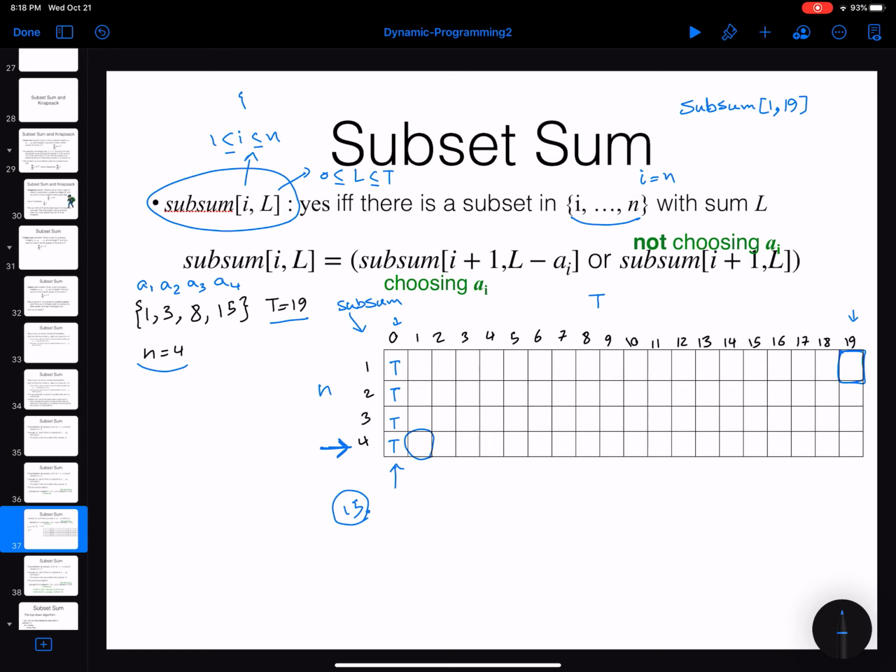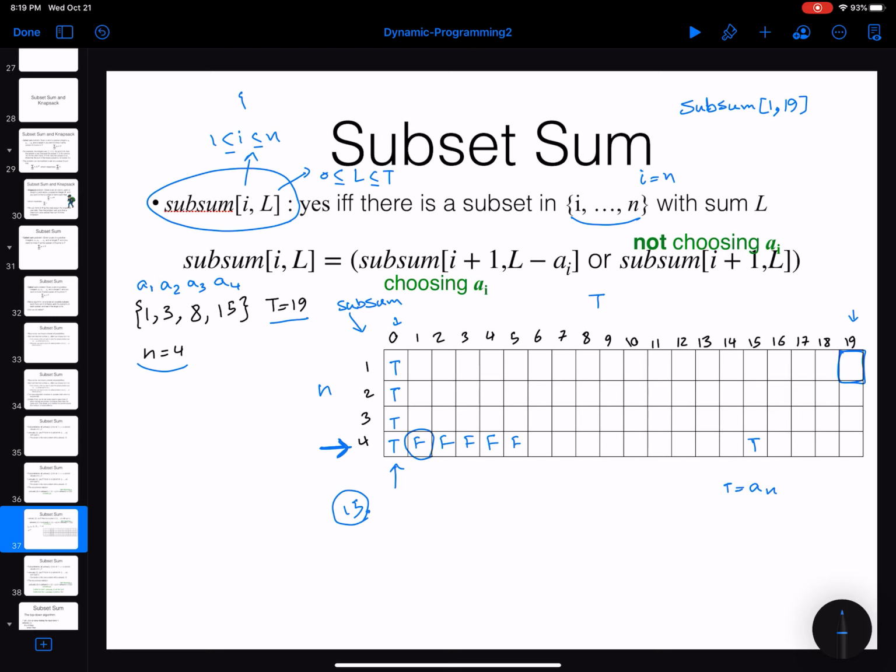No. So for all the cells in this row, the answer is going to be false, false, false, except the case that the target is in fact equal to A sub n, which is going to be this case. So except this cell, everything else is going to be false.